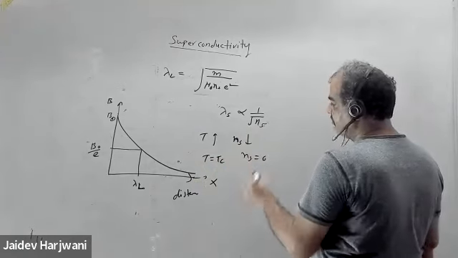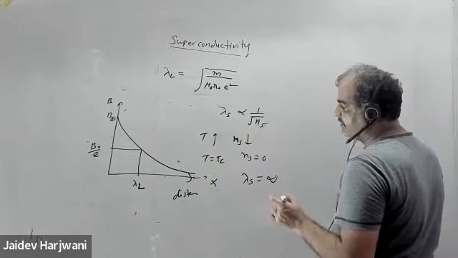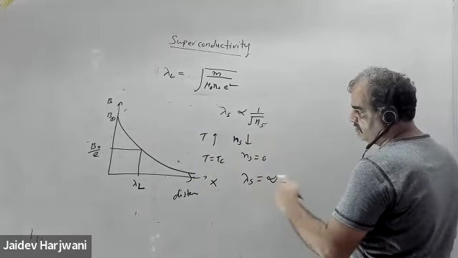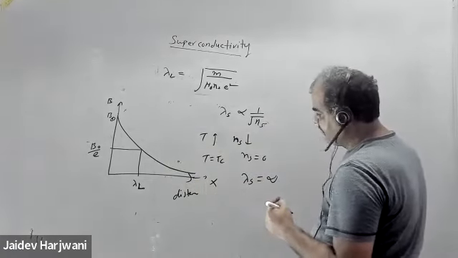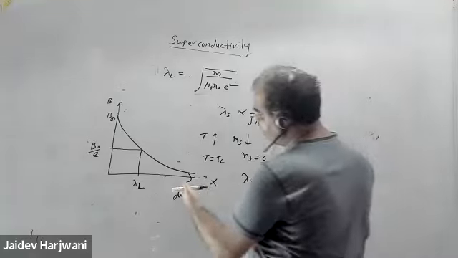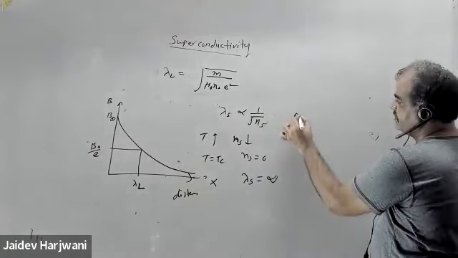So when ns is equal to 0, your lambda is infinite. Penetration is throughout the region, throughout the solid dimension, and once lambda is infinite, your B is 0. That is your Meissner effect.